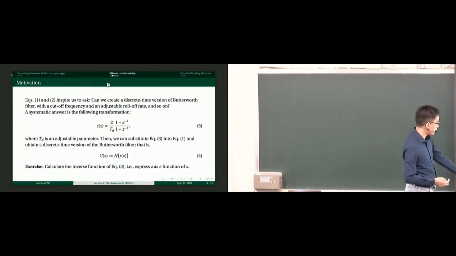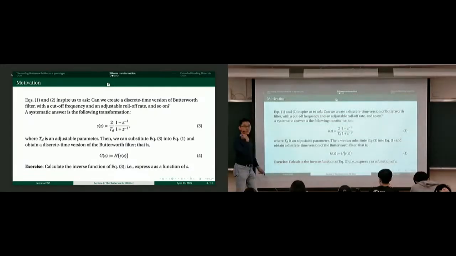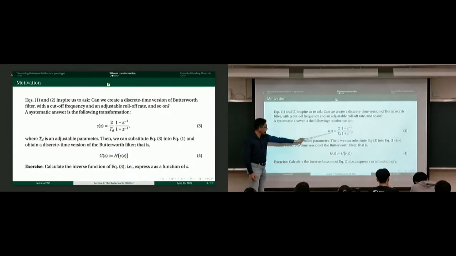But here is a nice little exercise which we might use from time to time. If S is a function of Z, and bilinear transformation, bi means bidirectional, right? So Z can also be expressed as a function of S. Let's work this out.